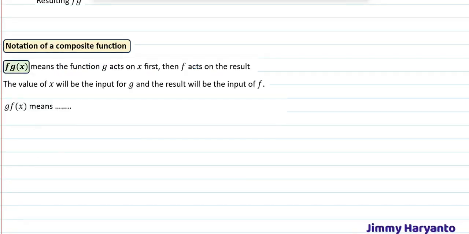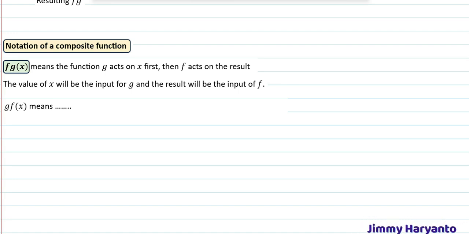Okay, next is the notation of a composite function. fg(x) means the function g acts on x first and then f acts on the result. In a simple sentence, it starts from g and then is followed by f.